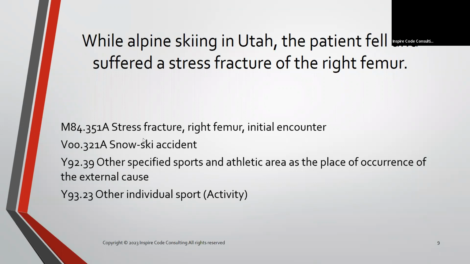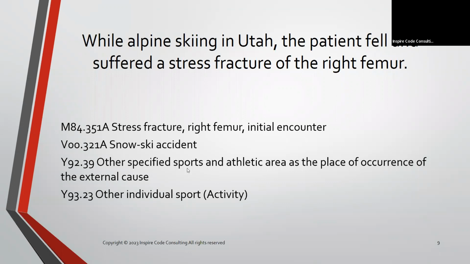So here, this stress fracture happened because this patient was in a skiing accident. This is considered other specified sports and athletic area, which is the place of occurrence. When you have a code like this, it may not be specific to a place of occurrence or to a condition or disease.